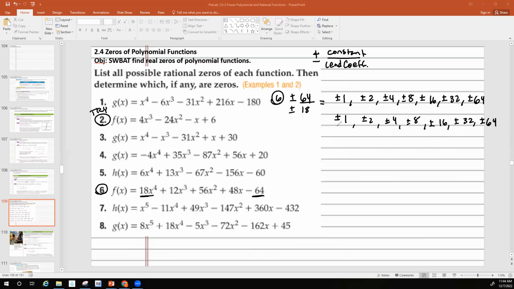Now this time we're going to divide by another factor of 18. So what are the factors of 18? Factors of 18 are going to give us 1 times 18, 2 times 9, 3 times 6, and that's it.